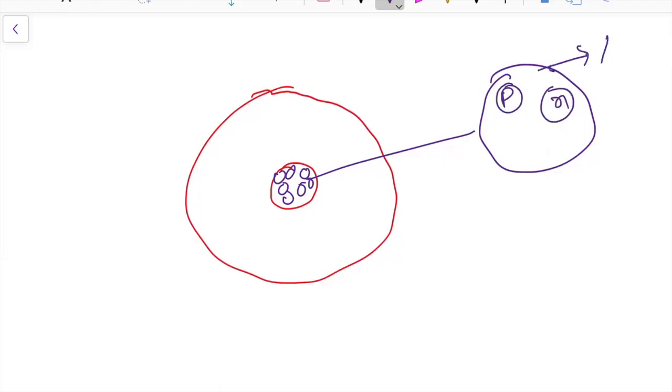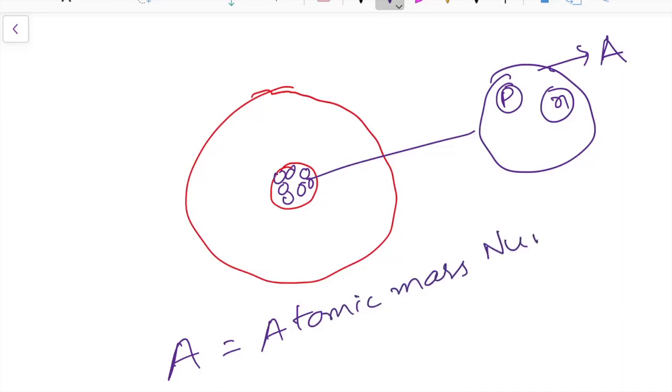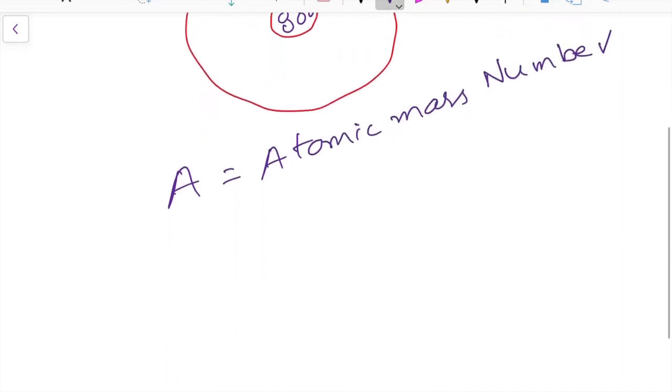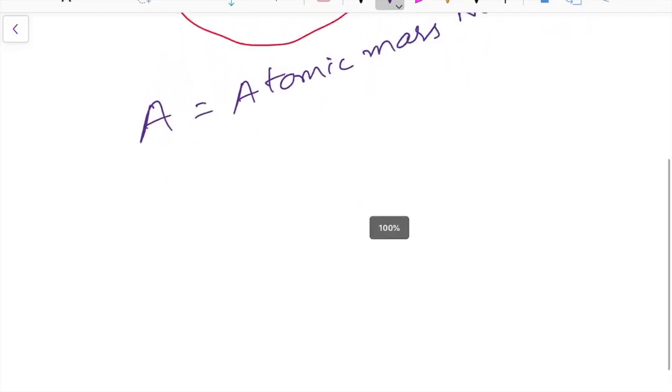Generally the number of nucleons is represented by the letter A. A is the atomic mass number. So the size of the nucleus depends upon the number of nucleons.